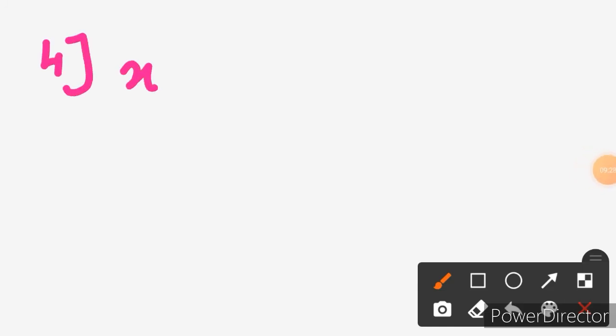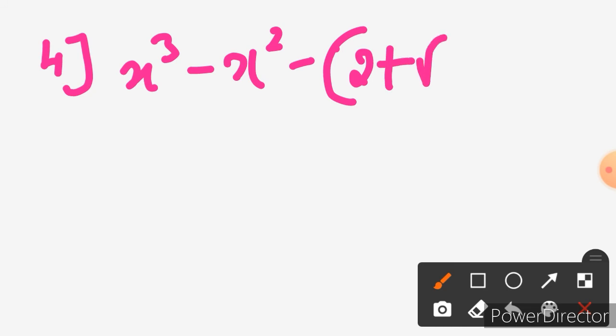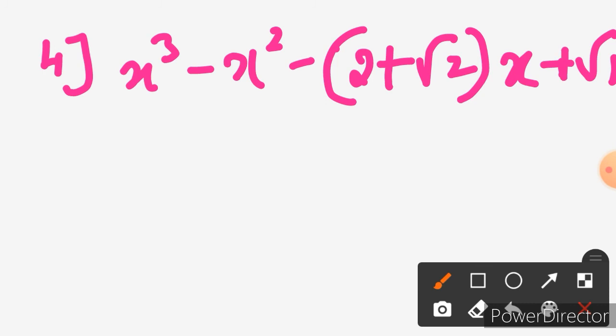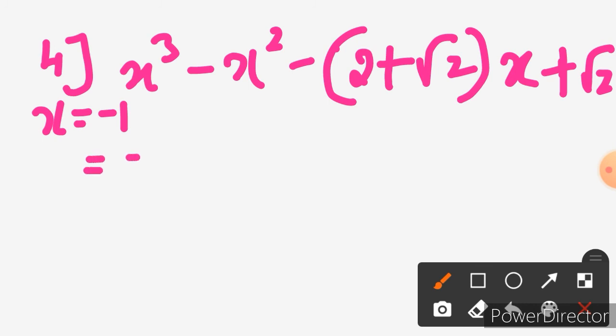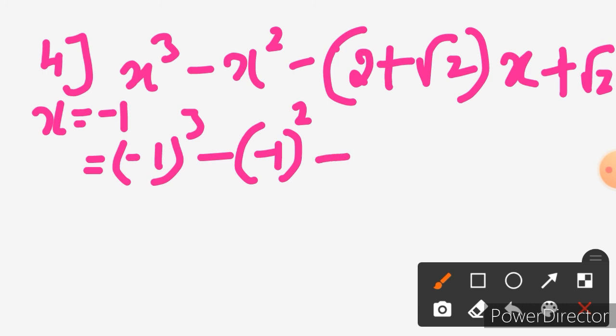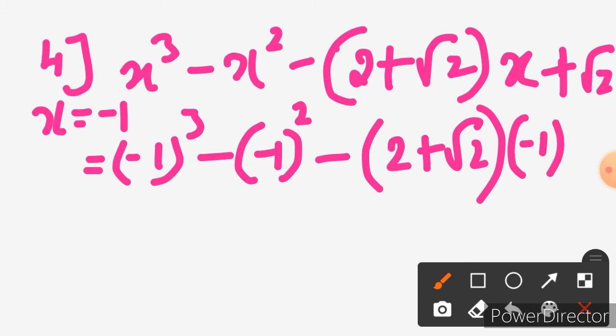Now the fourth problem is x power 3 minus x square minus of 2 plus root 2 close the bracket of x plus root 2. We know x is equal to minus 1 here. So I'll directly substitute minus 1 whole cube minus of minus 1 whole square minus of 2 plus root 2 of minus 1 plus root 2.